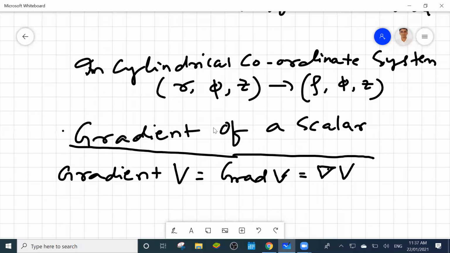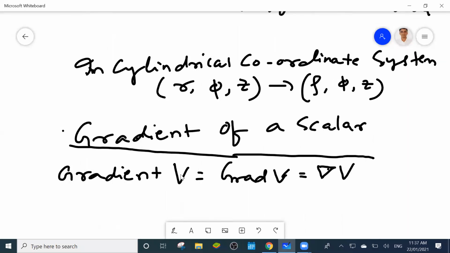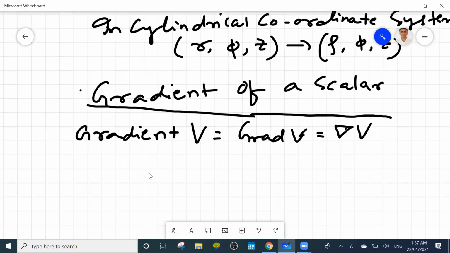So the gradient of a scalar, this V is a scalar. So is the gradient of a scalar a vector quantity or a scalar quantity?